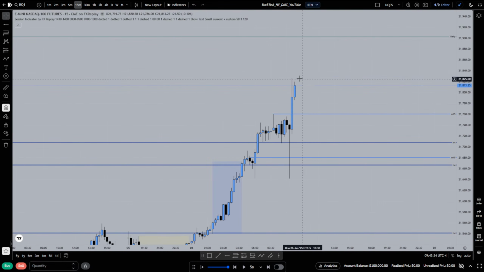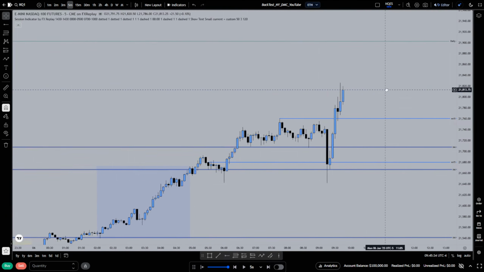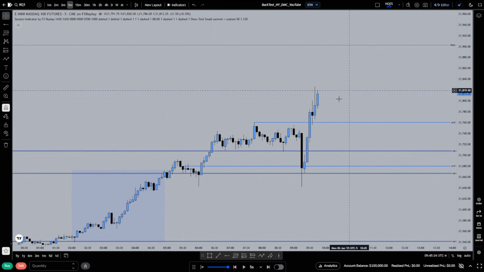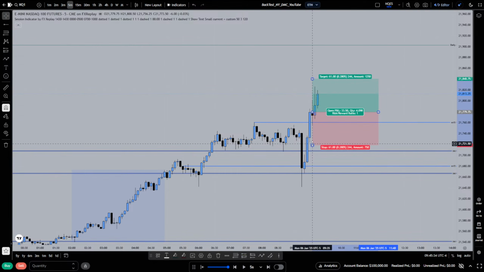Okay, so inside this 15 minutes, we have basically tested this guy, tested that 15 minutes level. And after we closed like this, we could have gone up. How to put a stop loss?